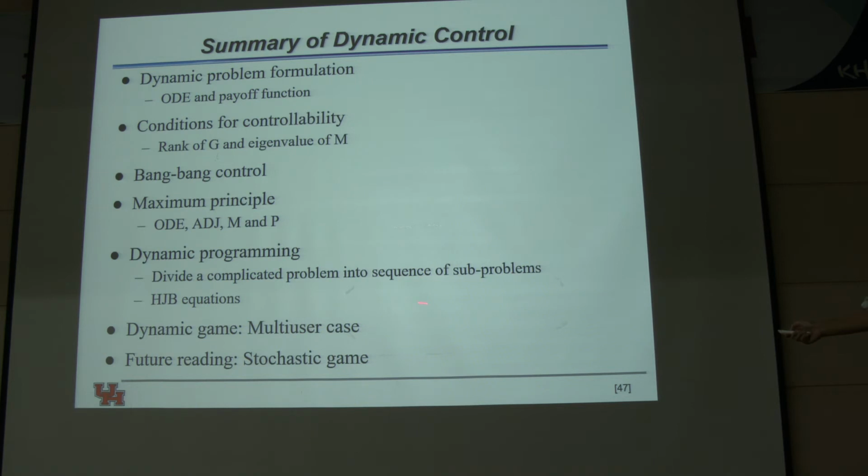Basically using the HJB equation, you can divide the overtime complicated problem into a sequence of sub-problems, starting from the end of the day and each day going back. Basically, this is the principle. And for this dynamic game, you have the multi-user case, and in the future, you can have a statistic game, where there are parameters which are random.